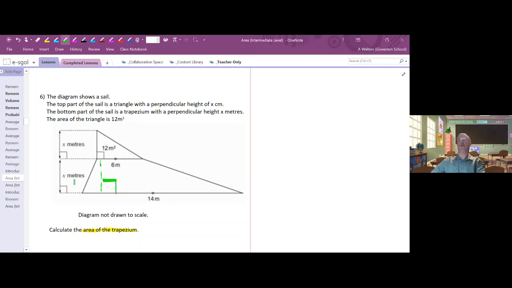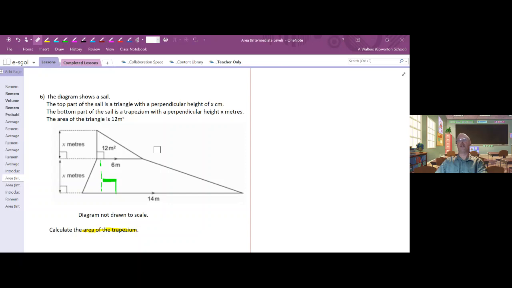But what we have been told is that this distance of x, the perpendicular height, is the same as the distance of x there. Okay, so what we're going to do is work out x from the first triangle that's given to you. We're going to work backwards because we are given the area of the triangle, not a formula to find the area. So similar to questions 3 and 4 that we did with trapeziums, we're going to work backwards.